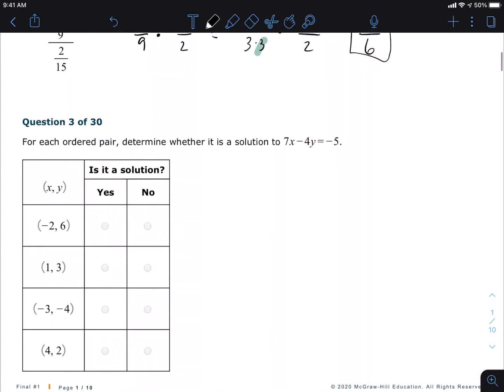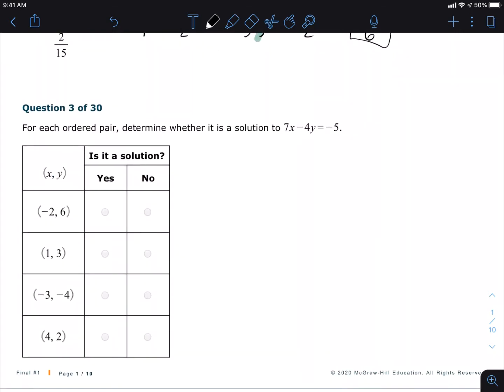Okay, this next set is just to see if an ordered pair works. So basically, these 4 ordered pairs will be plugged in here, and we see if it makes it true. So we'll go 7 times a negative 2 minus 4 times 6.